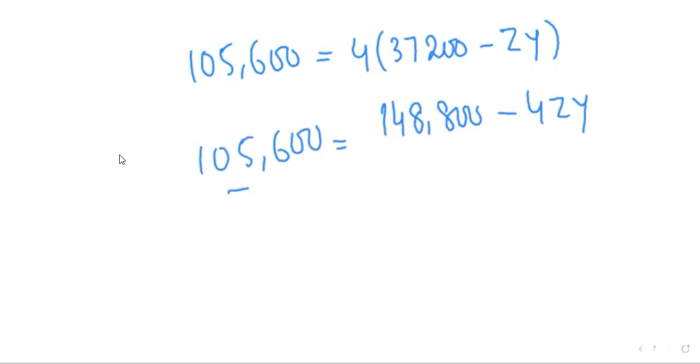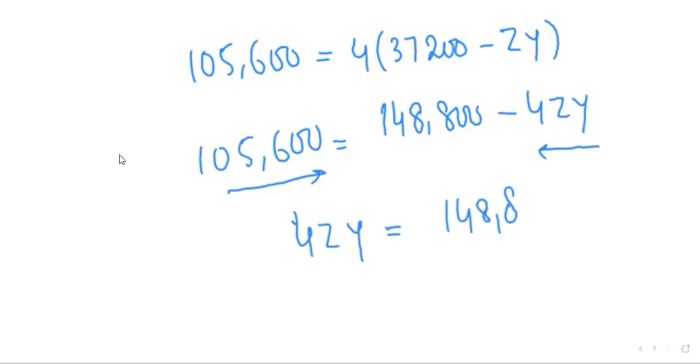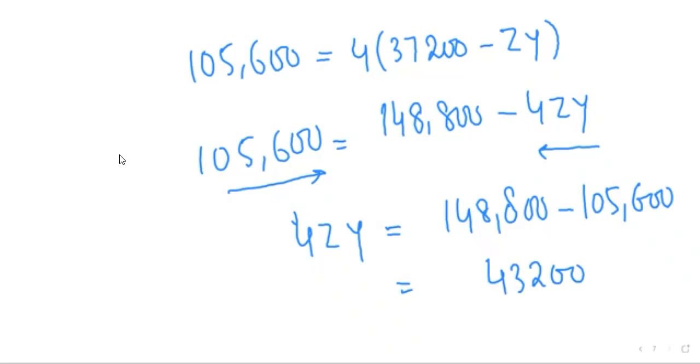We can move it to the right hand side, and we can move this one to the left hand side. So we have 4zy, which is 148,800 minus 105,600. So if we calculate this one, it would be 43,200, and it is 4zy.